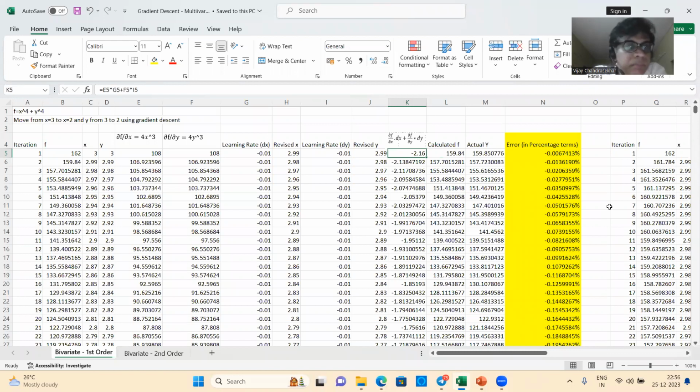Before I say what it is, I want someone to look at row number 5 and tell me what should be the formula to calculate L5. L5 is the cell that calculates the revised F. Can someone tell me?